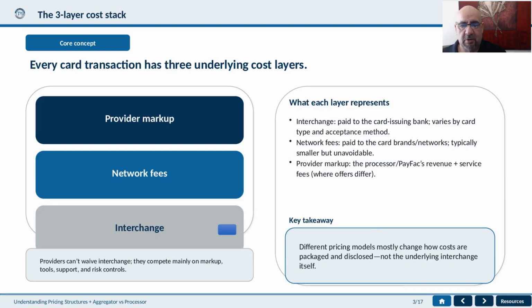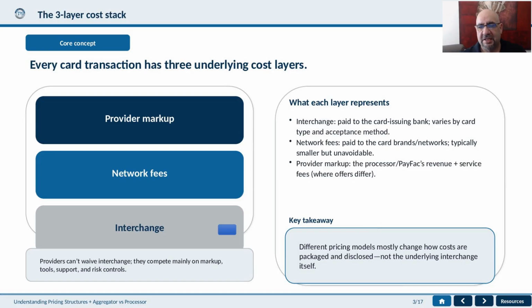Different pricing models mostly change how costs are packaged and disclosed, not the underlying interchange itself. Basically, interchange paid to the credit card issuer bank varies by card type and acceptance, so every card is independent. Network fees are paid to the card brand association, typically a small amount, unavoidable, and that would be your Visa and MasterCard, like I just mentioned.